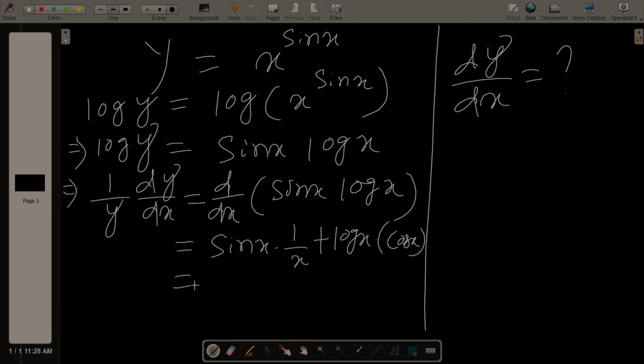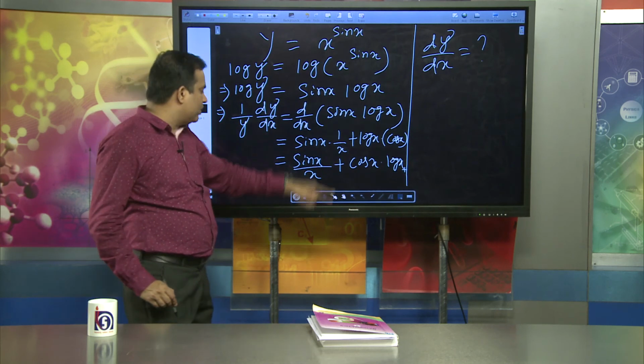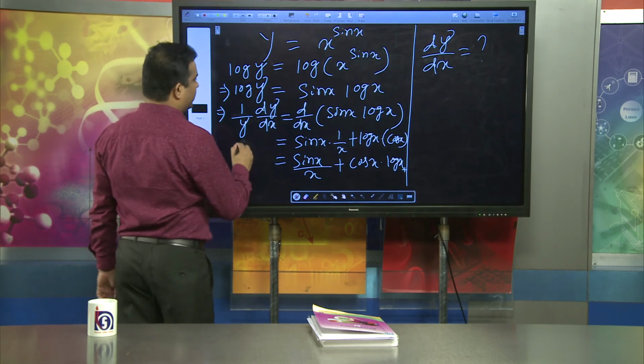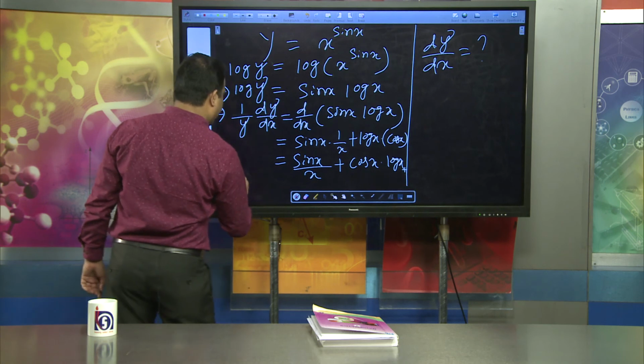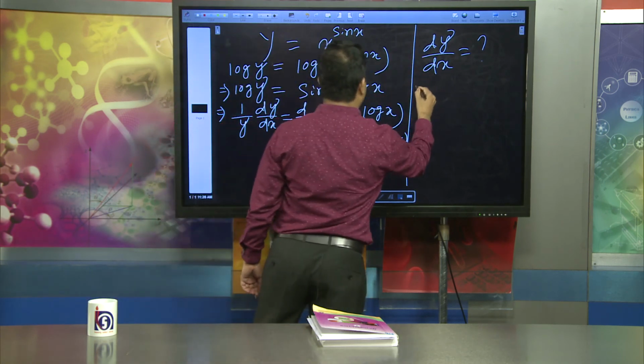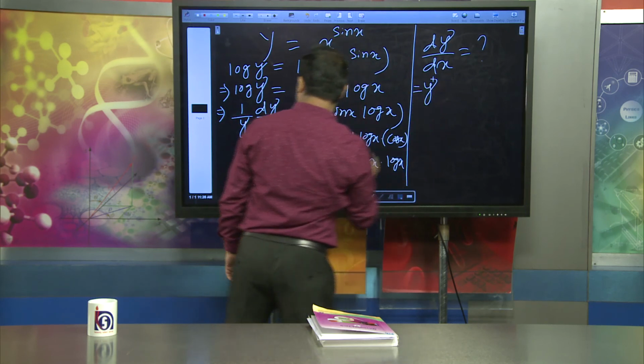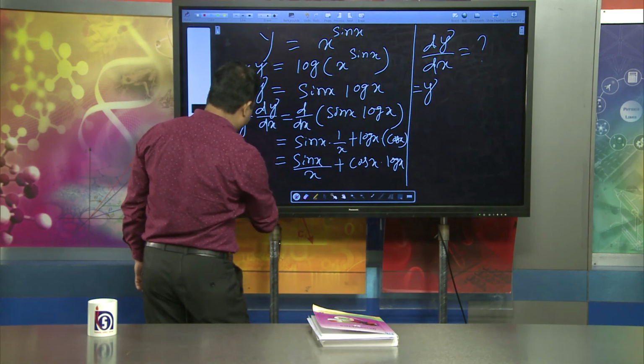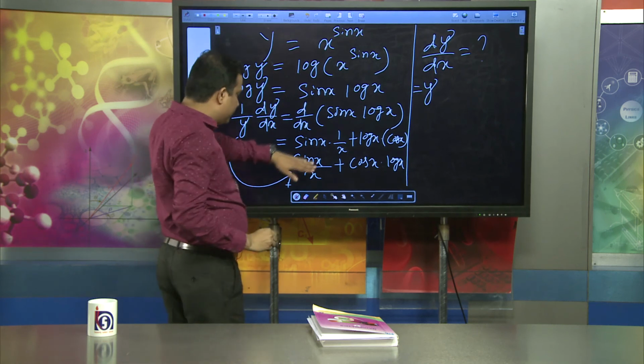Okay. Now, what will you find? You will find sin x by x plus cos x into log x. Okay. Now, 1 by y dy by dx equals this much. Now, what will be dy by dx? Very simply, I can write dy by dx: y will be multiplied, the denominator will be multiplied with the right-hand side.